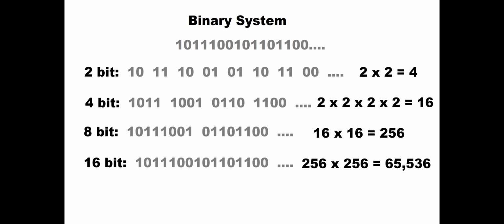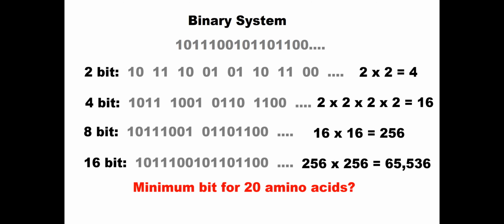Then if our genetic information system is a binary system, what is the minimum number of bits we need to designate the 20 different amino acids? 5-bit. It should be 5 bits. With 5 bits, we can carry 32 different pieces of information, right?